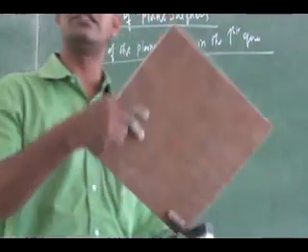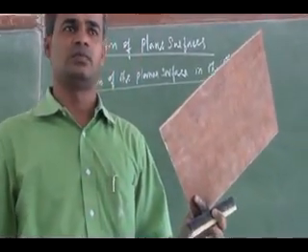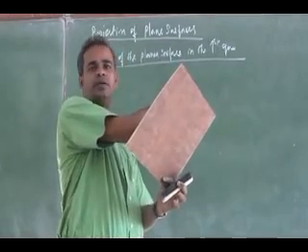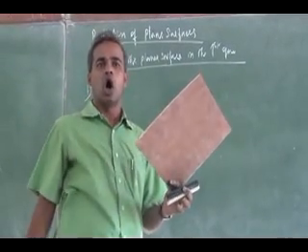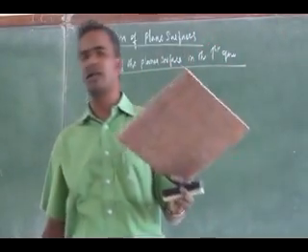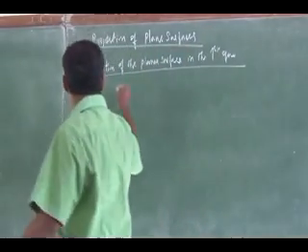Oblique plane, in the sense the plane will be inclined to both the reference planes. If the plane is inclined to HP and inclined to VP, then I can say it is an oblique plane. The plane is inclined to both the reference planes, then it is termed as oblique plane. Okay, so remember. Then we will have the various positions.